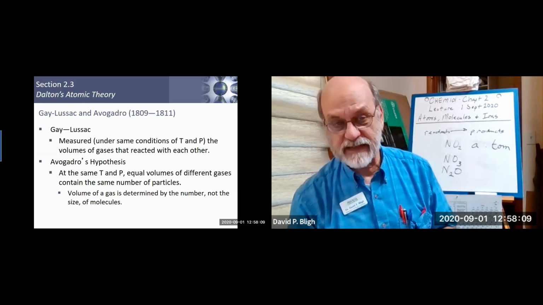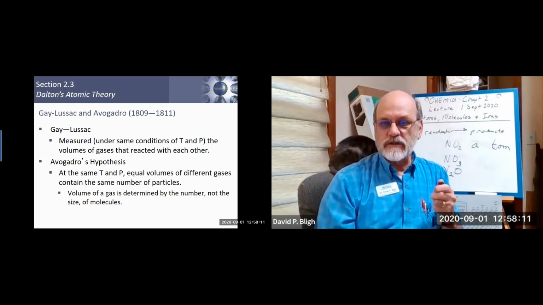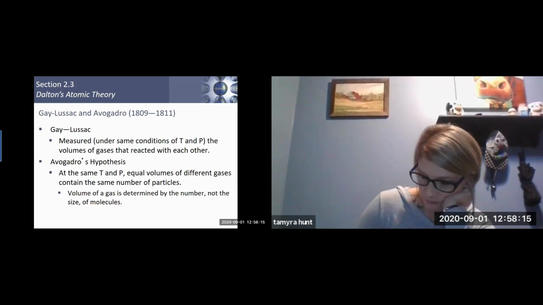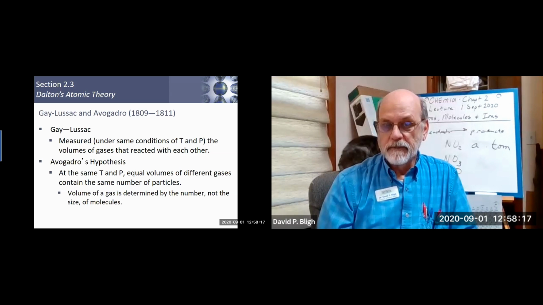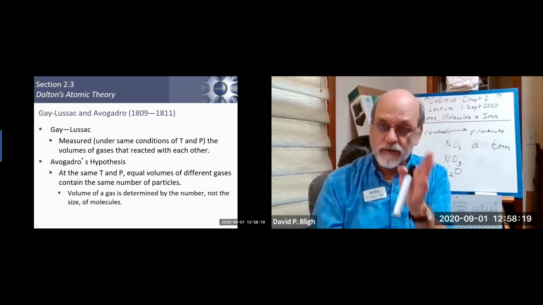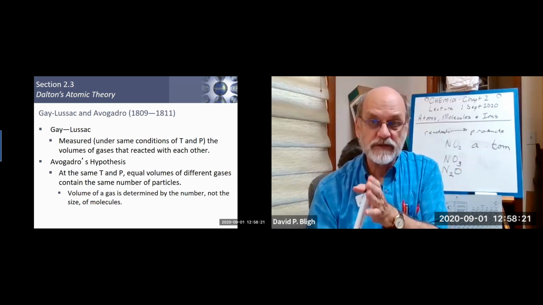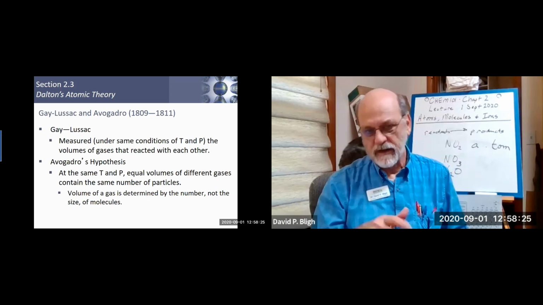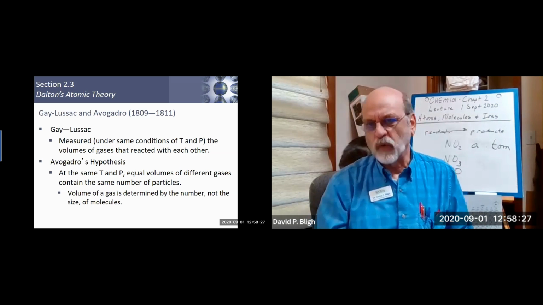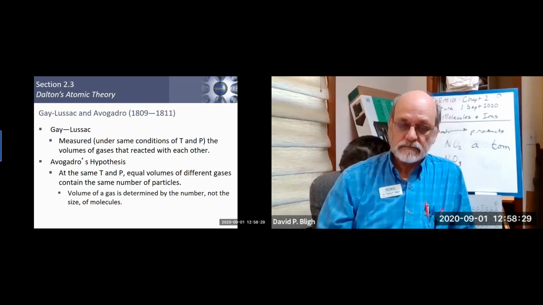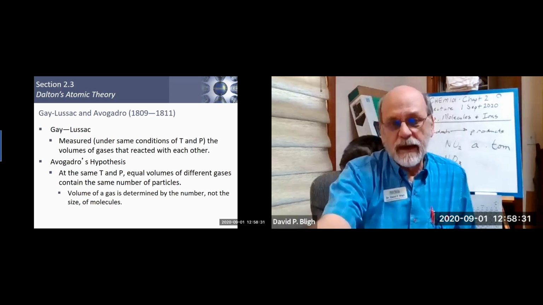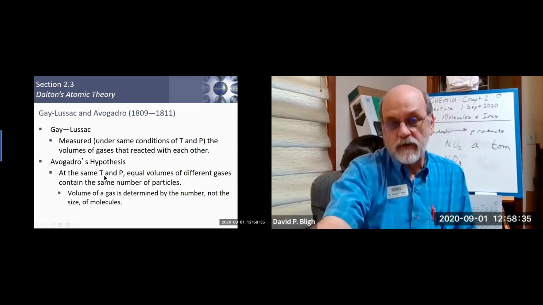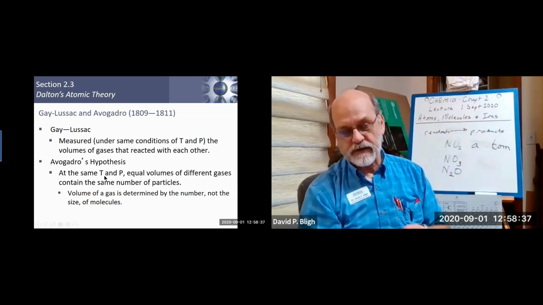And that's what Gay-Lussac did. He measured the volume of gases as they reacted with one another. But he held the conditions of temperature and pressure constant. Well, when we get to gases, then I'll flesh this out a little more. But eventually, his work was built on by Avogadro, who was an Italian scientist.